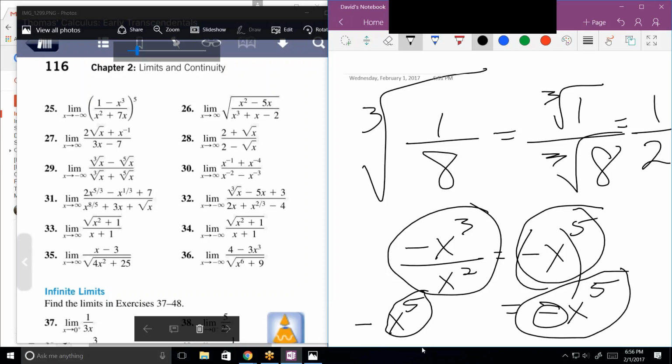26. So that would be 0. Yeah. 27. I could make, instead of having it as a square root of x, I could do x to the 1/2. Yes. And then I would have x to the 1/2 over x.